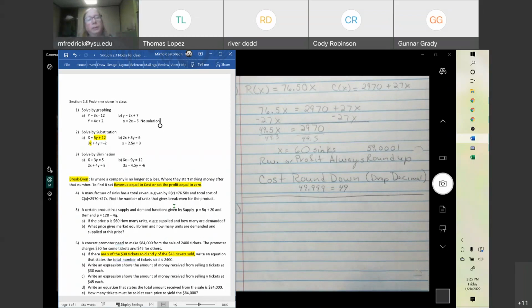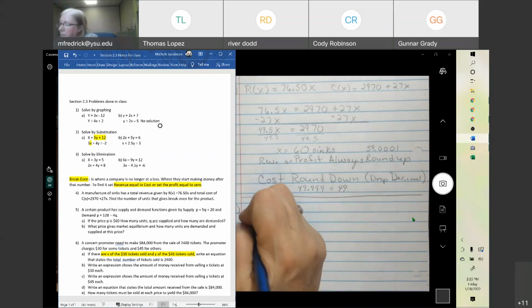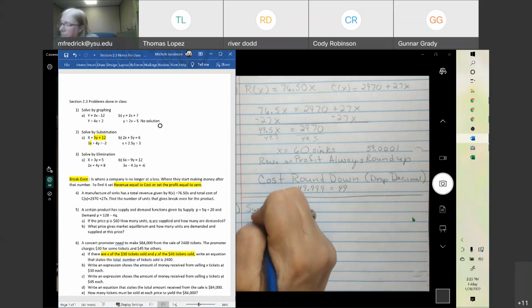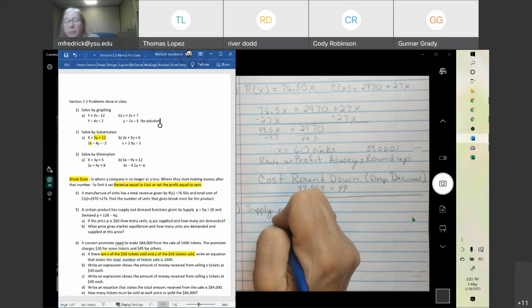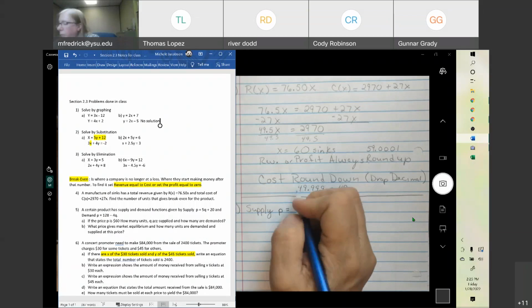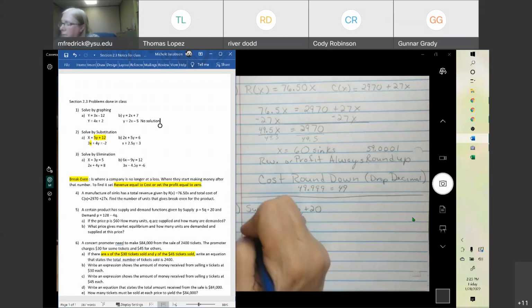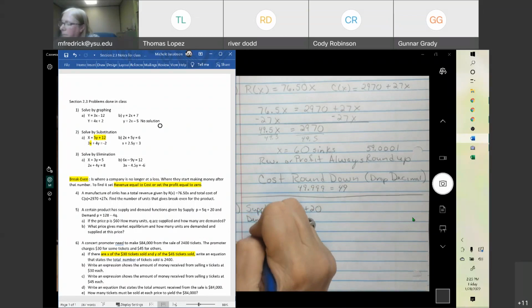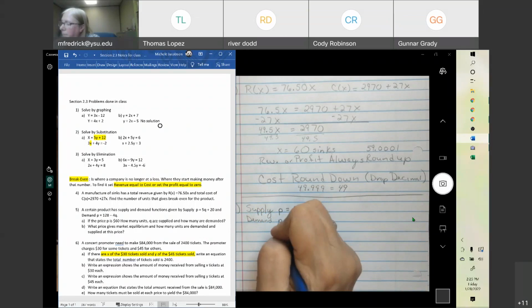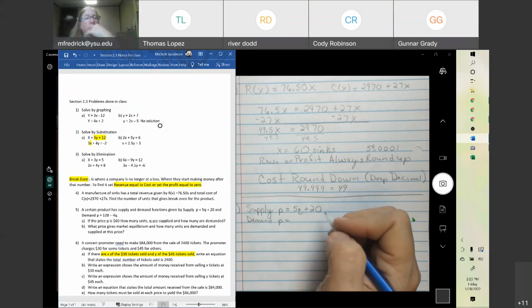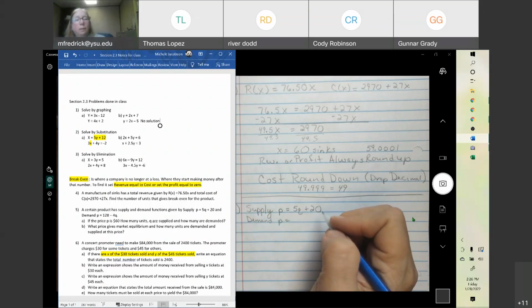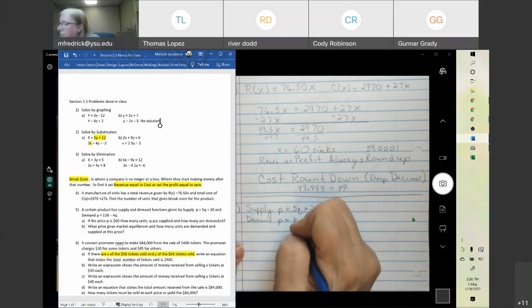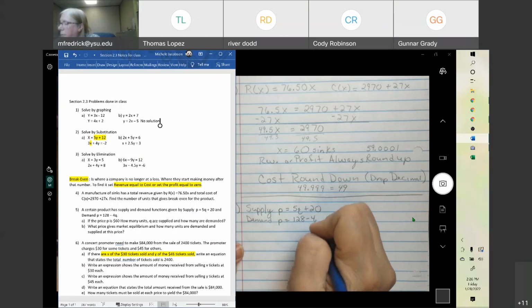A certain product has a supply and demand function given as supply P equals 5Q plus 20 and demand P equals 128 minus 4Q.